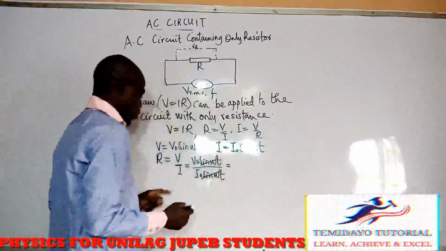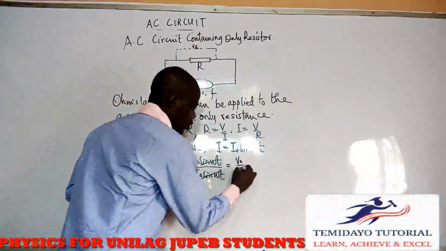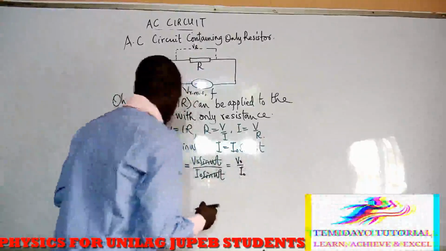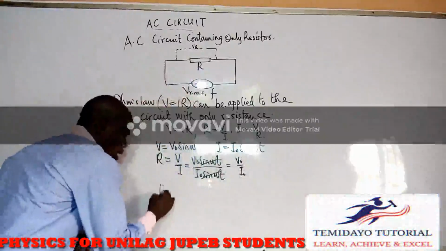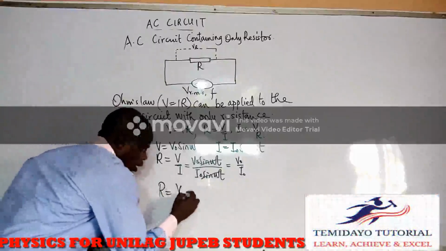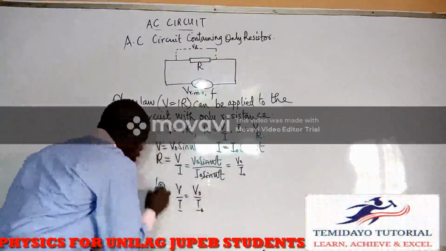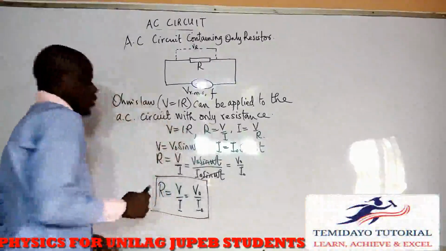So what is left is V naught over I naught. So from there we can establish the fact that our R is equal to V over I, and it is the same thing as V naught over I naught.